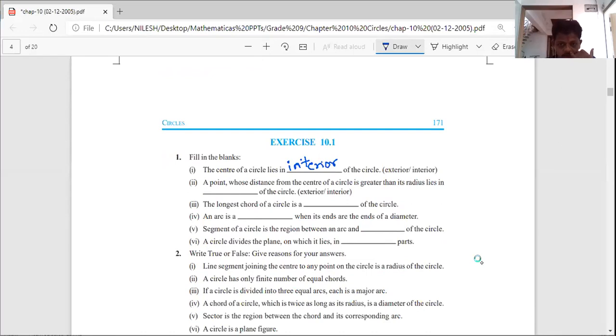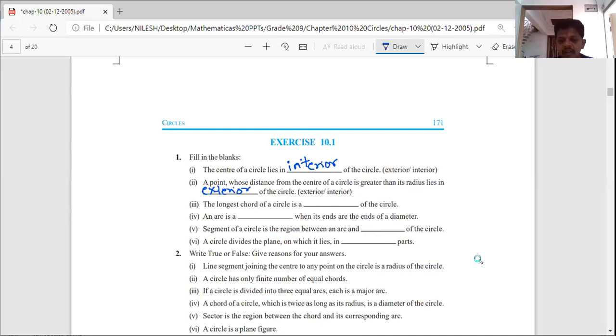A point whose distance from the center of a circle is greater than its radius, where will the point lie, interior or exterior? Exterior. Obviously, it will lie in the exterior.